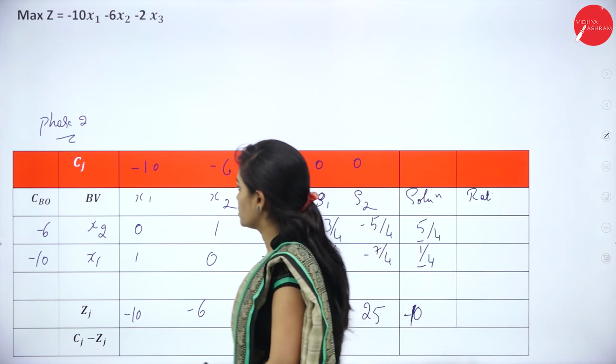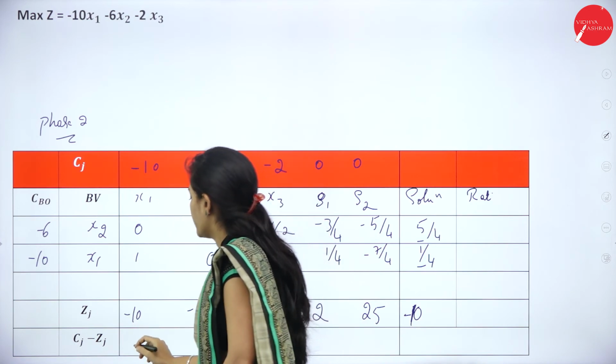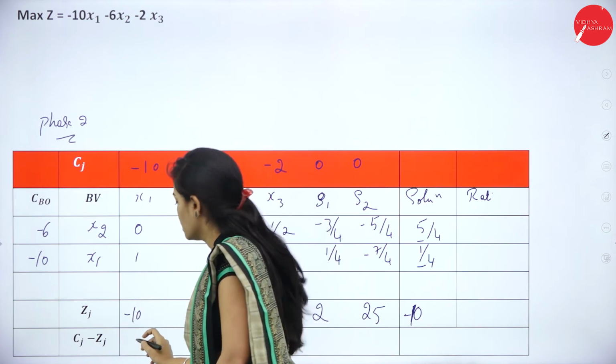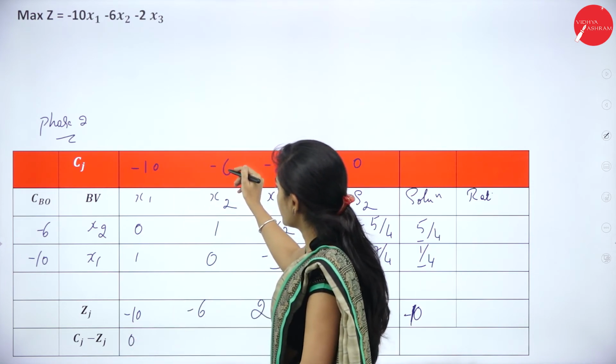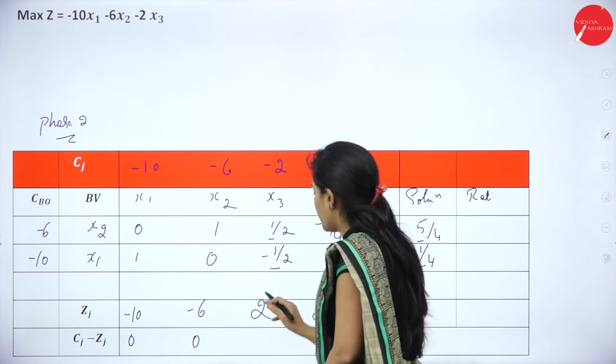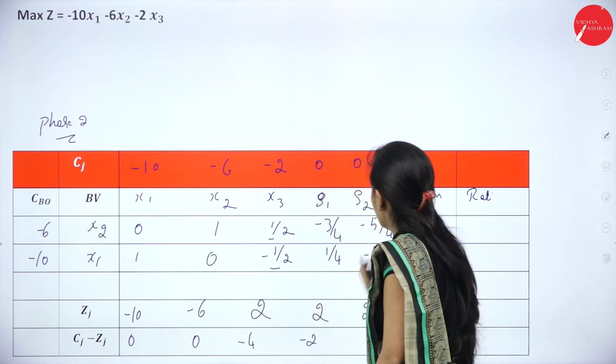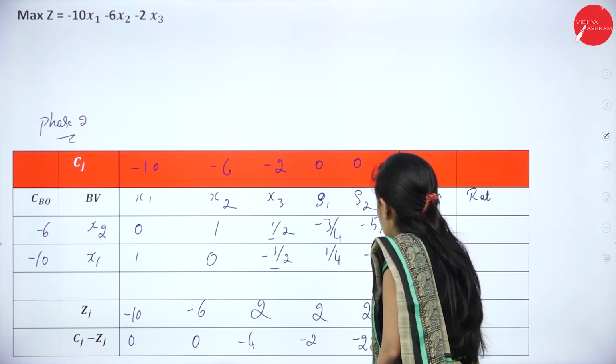You can find Cj minus Zj now. So minus 10 minus of minus 10, minus 10 plus 10 is 0. And minus 6 minus of minus 6 is 0. And minus 2 minus 2 is minus 4. And 0 minus 2 is minus 2. 0 minus 25 is minus 25.